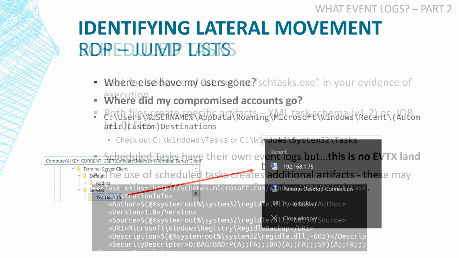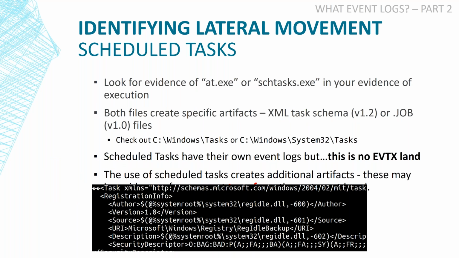Another very, very common lateral movement technique that you see a lot of threat groups use is also the use of scheduled tasks. If you're still flirting with the Windows XP environments, then you're familiar with at.exe. Vista and above, we're now familiar with schtasks, or obviously the shorthand version of scheduled tasks. Look for evidence of at and schtasks in your evidence of execution resources.